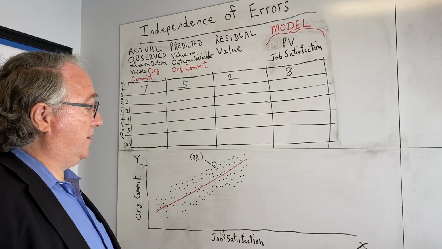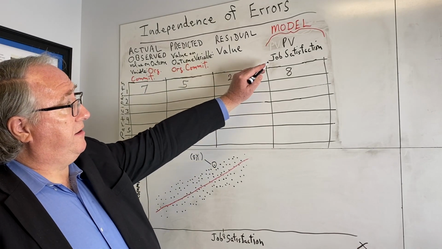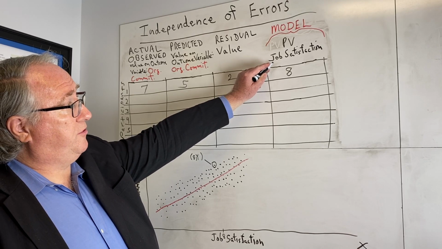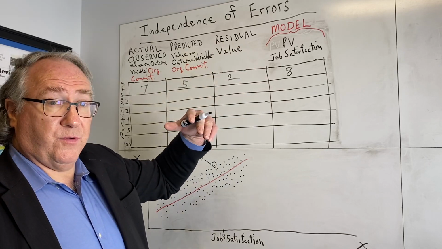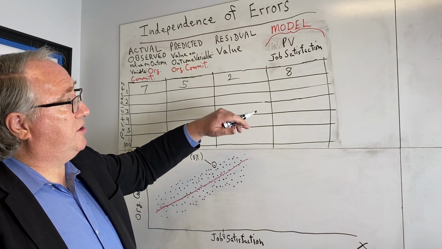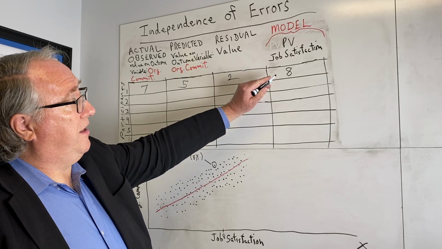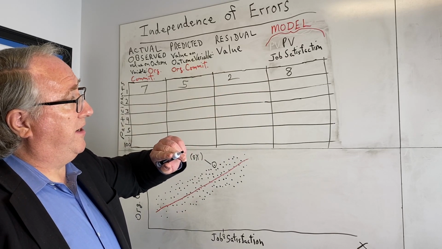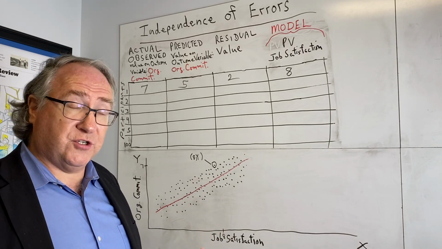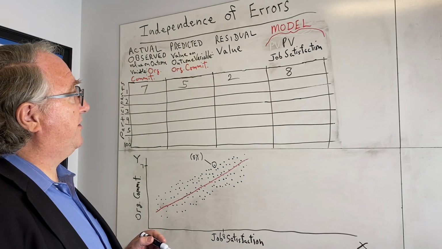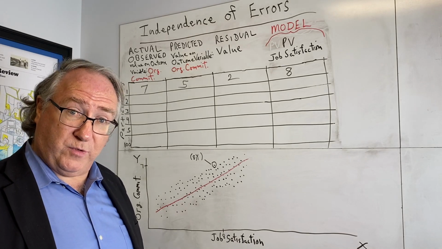Okay, and now the question is, we have the predicted value out of the model based on the information we have in the model in terms of the person's degree of job satisfaction. Now, this is a reflection here of the regression equation, because in the regression equation we not only have, if we apply it to participant 1, their score on the job satisfaction measure, but we also have a regression coefficient which tells us the relationship between the predictor variable, job satisfaction, and the outcome variable, organizational commitment. And we also have a constant which we add in.